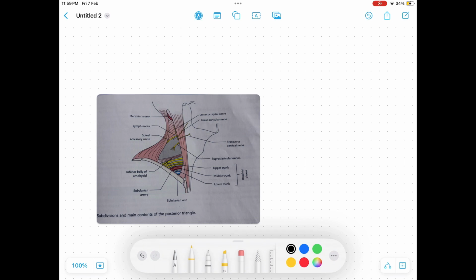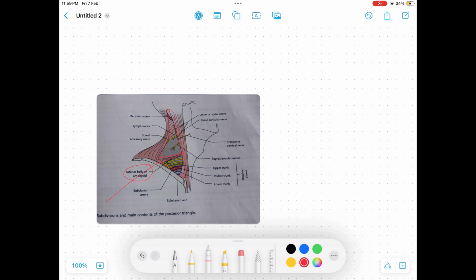This is the figure. As you can see, this is basically our posterior triangle, and you can appreciate this muscle here. This is inferior belly of omohyoid. This inferior belly of omohyoid divides the posterior triangle into two parts.